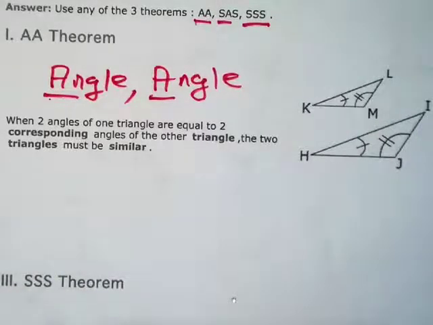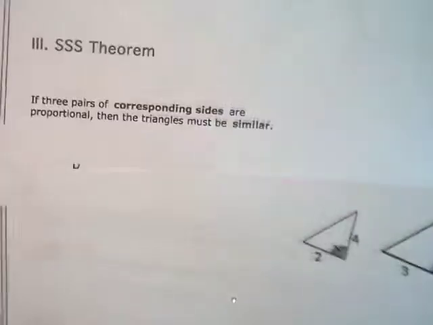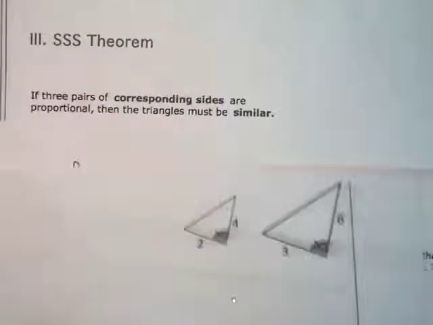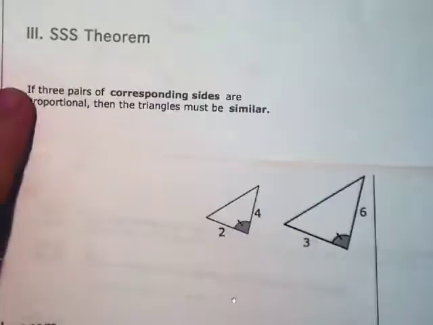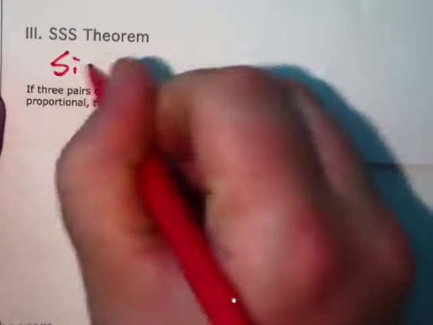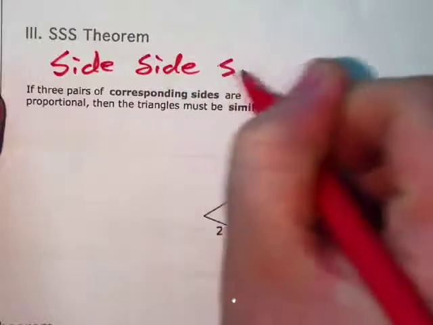The next way is what's called the SSS theorem. That broke between 2 pages, so we'll just look at them on separate pages there. The SSS theorem means that if you have 3 sides, side, side, side.